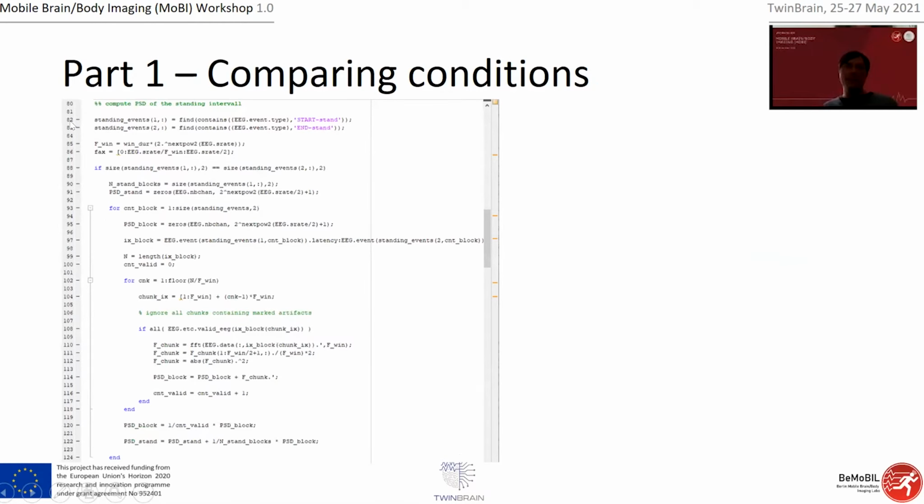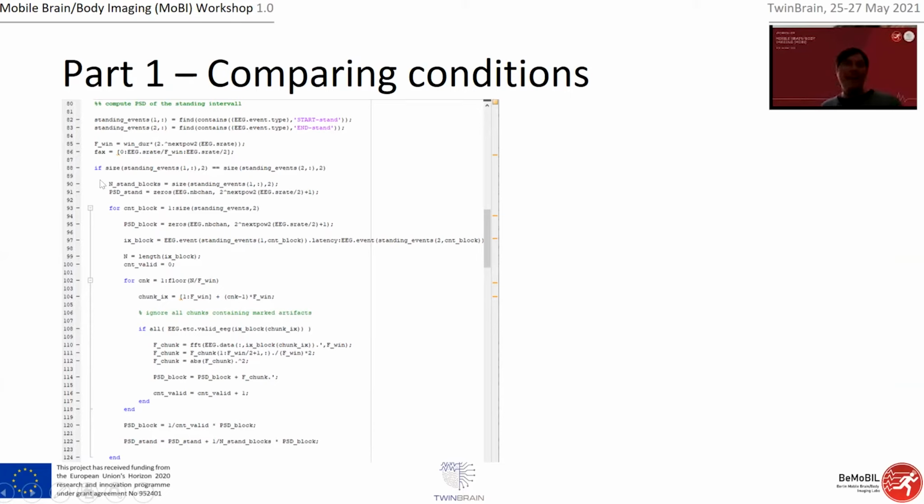So what I'm doing here is looking for the events where the standing starts and ends, and then I can find out, okay, there are 4 blocks of standing. And I just initialize all the parameters I need for the analysis. I run this only if these start and end events are matching, because there must be 4 starts and 4 ends.